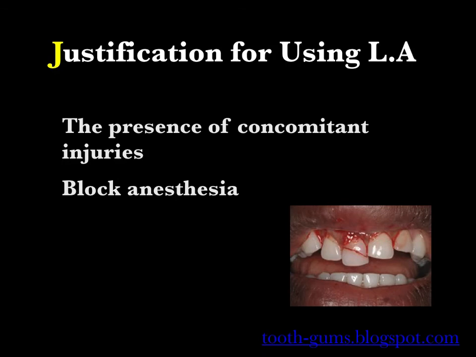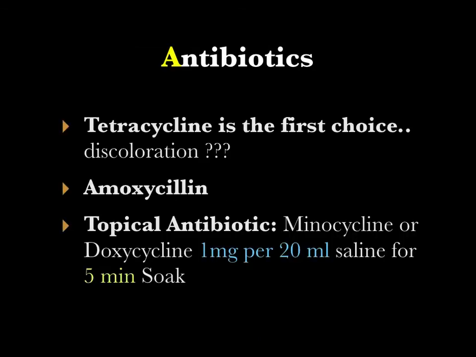If the area is edematous or the laceration is huge and you cannot do regular infiltration, you can do a block anesthesia at the infraorbital foramen or an inferior alveolar nerve block. As I said, antibiotics are usually prescribed, and they are systemic. Applying topical antibiotic is controversial, and until now we don't have strong evidence. Topical means over the root surface or inside the alveolar socket.